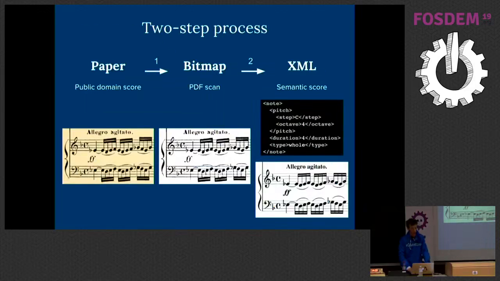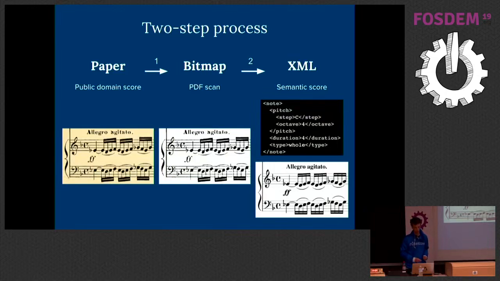So what does this involve for sheet music? We're basically taking initially paper scores that are in the public domain, and it's a two-step process to create open source sheet music. Firstly, you need to scan the music to create bitmaps, but then you don't want to just stop with a PDF.